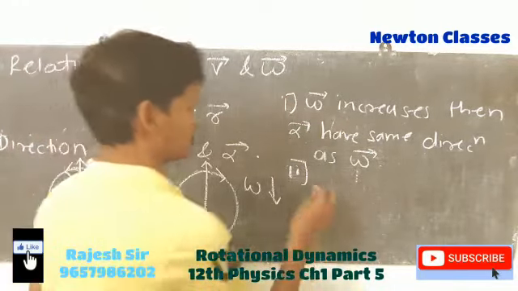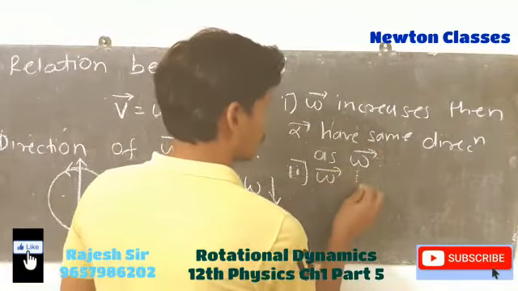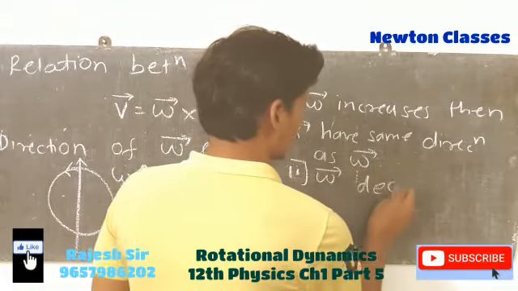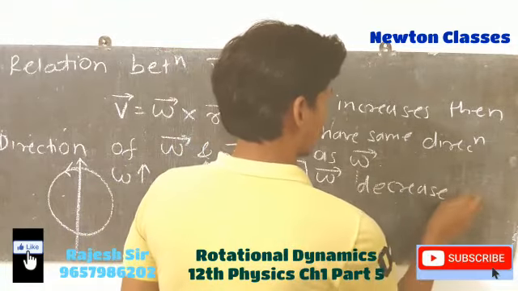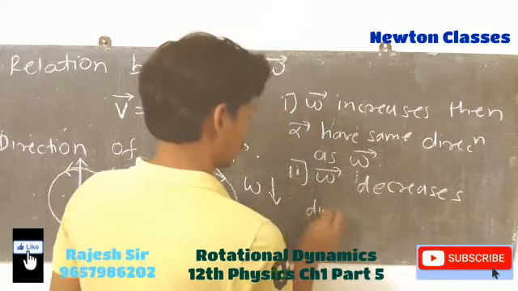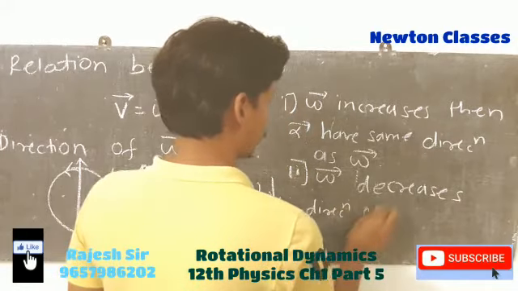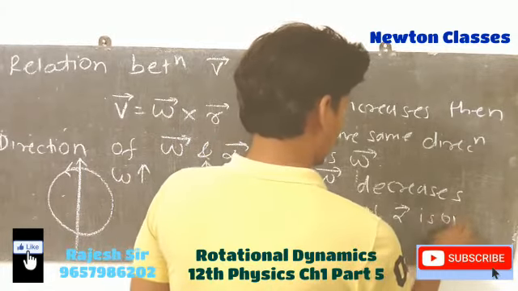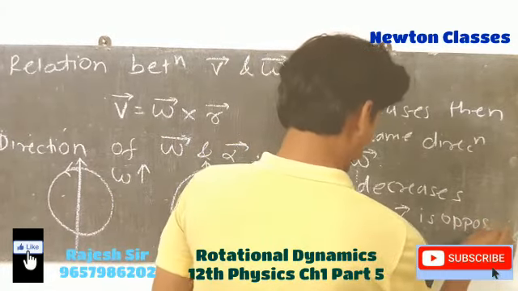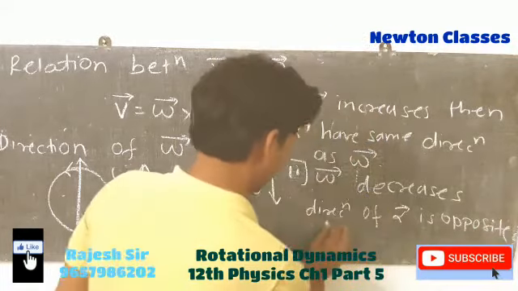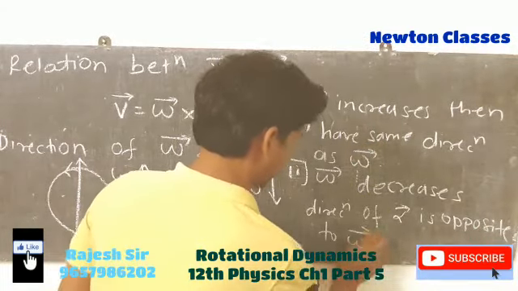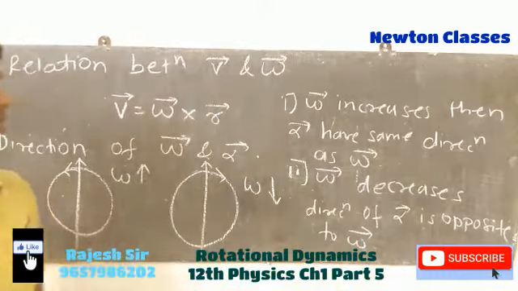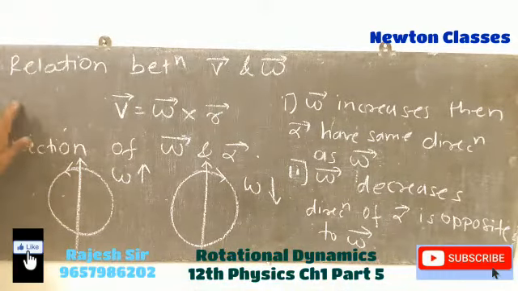In that case, when omega bar decreases, then the direction of alpha bar is opposite to omega bar.